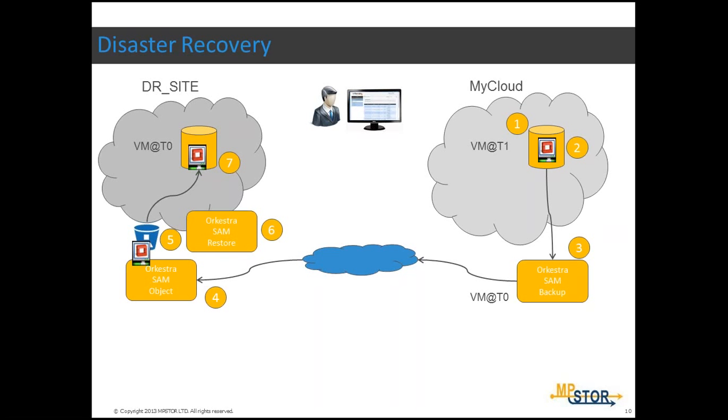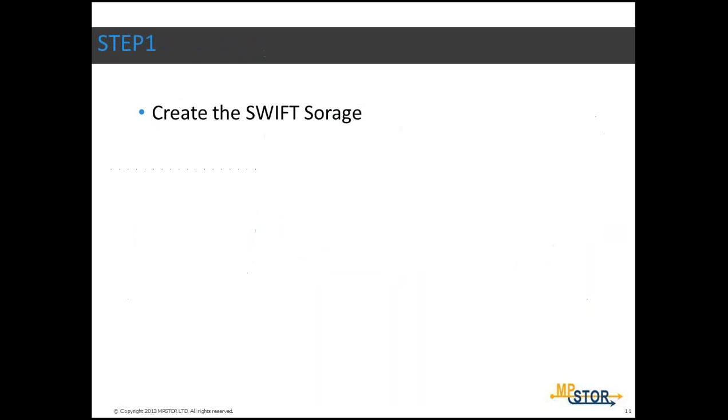What is specific is the restore function, because it's the restore function which understands the format of the bucket that you've backed up to. So whilst the bucket can be in AWS, the restore function needs to be in your DR site. But that restore function can work equally well with a local object store or a remote object store. All you need to do is put in the access details and credentials.